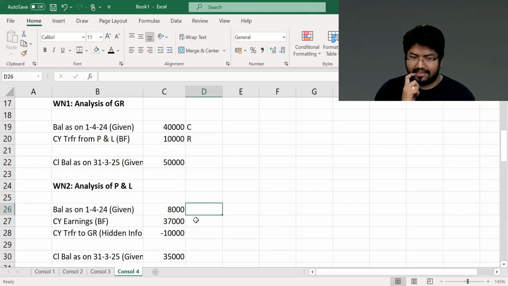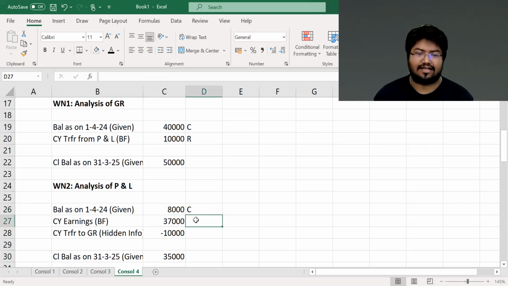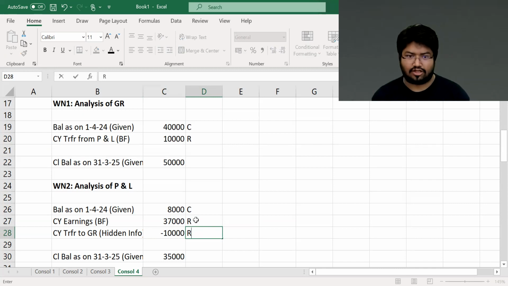Now, this 8,000, where should I take, C side or R side in P&L analysis? C side. Very good. 37,000, where should I take? Current year earning, it is earned after 1st of April 24. Sir. R side. 10,000 is also transferred after 1st of April 24. Hence, it is also R side.